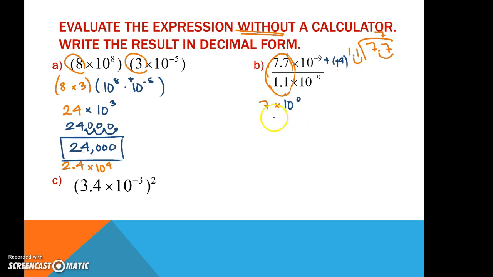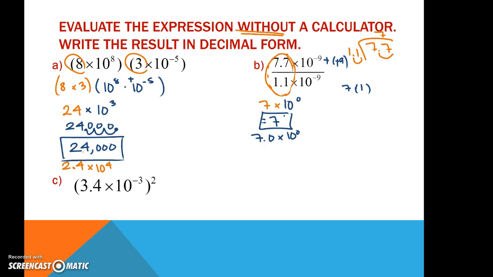That means I'm not moving the decimal point over at all, so it should just be 7. Does that make sense? Well, it should, because 10 to the 0 power, that's like saying 7 times 1. Anything to the 0 power is 1. So that gives me 7 as well. Scientific notation of this would be 7.0 times 10 to the 0. But this is it in decimal form.